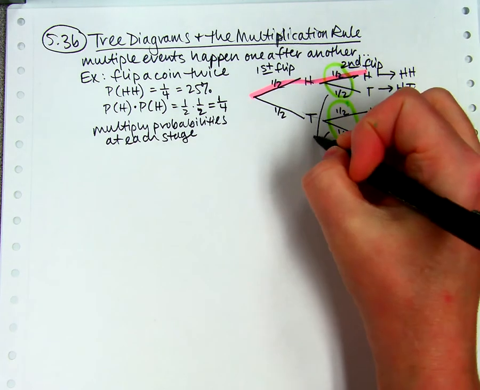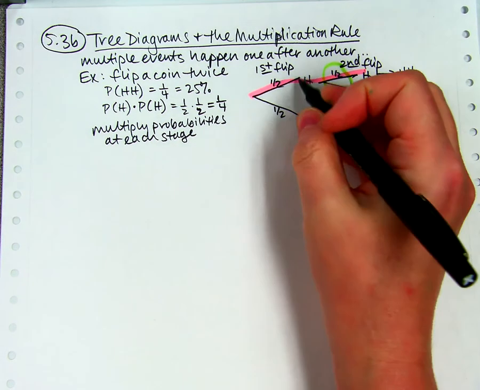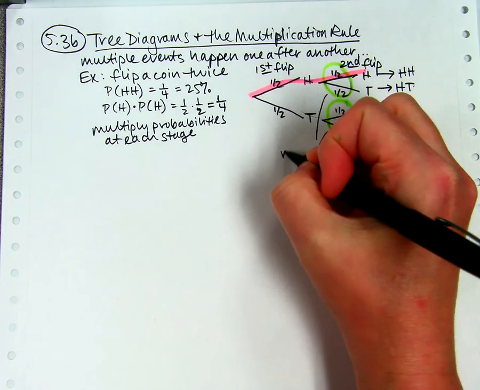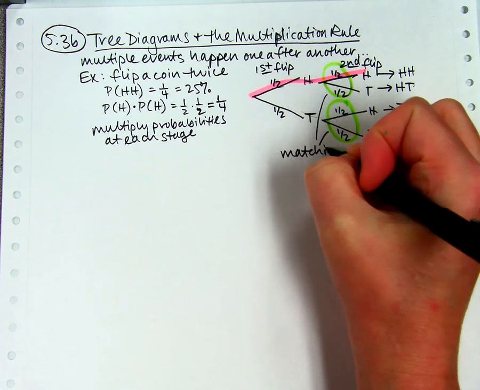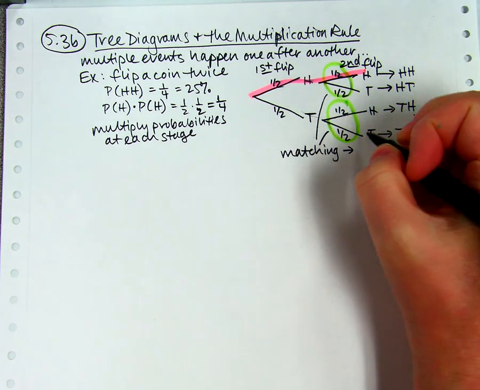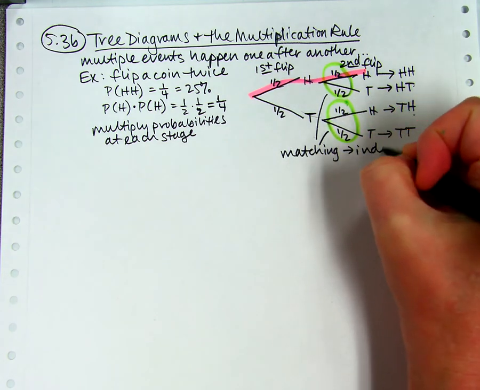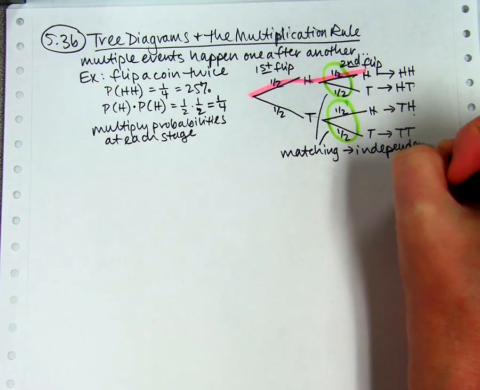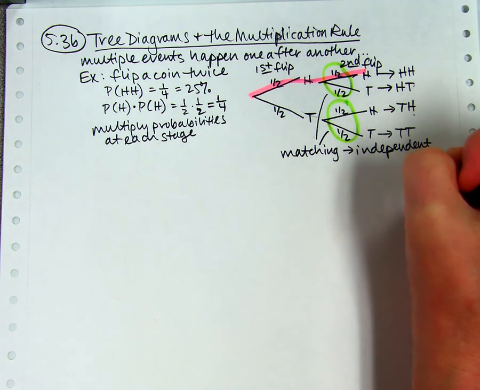The fact that these probabilities are not going to change based on what happened in the first flip. Matching probabilities means they are independent events. Or vice versa. Since they are independent, that means they match.